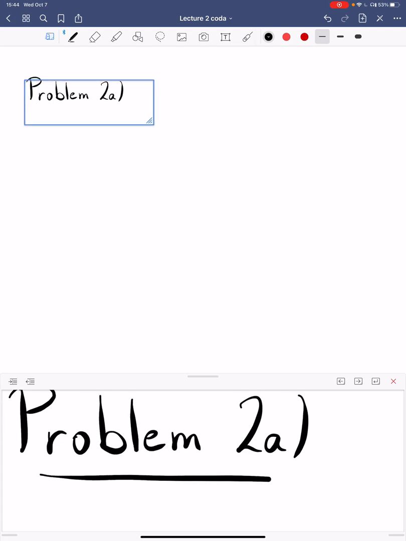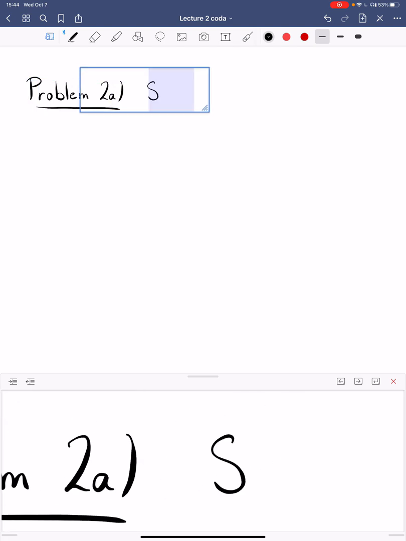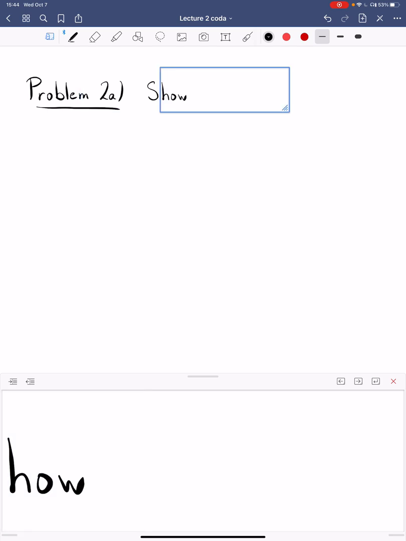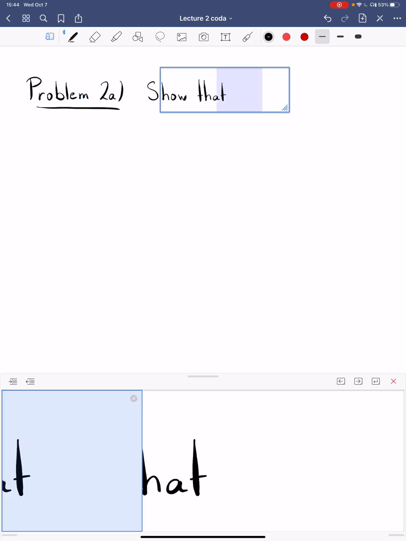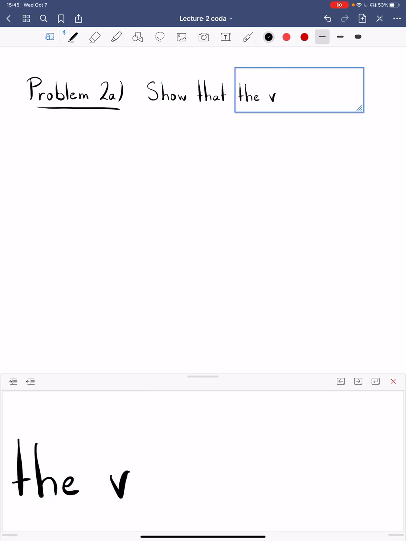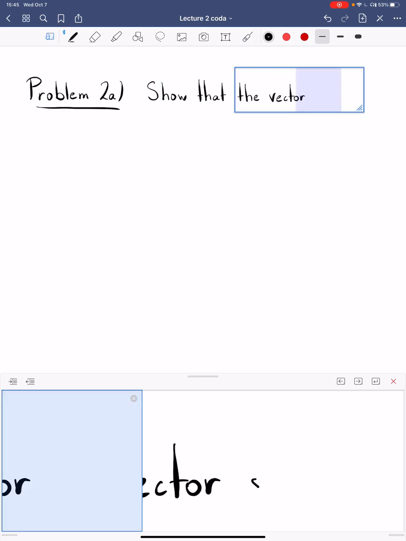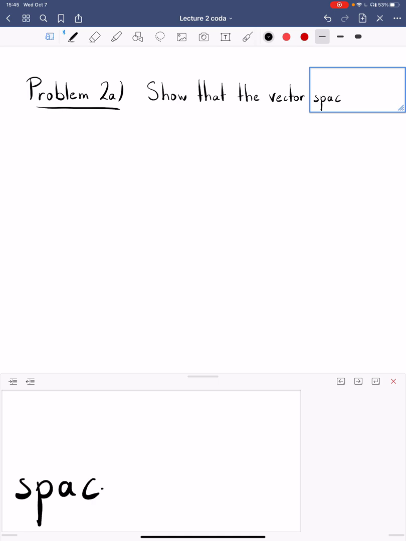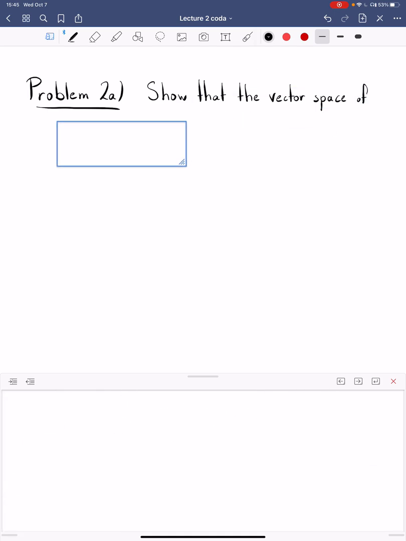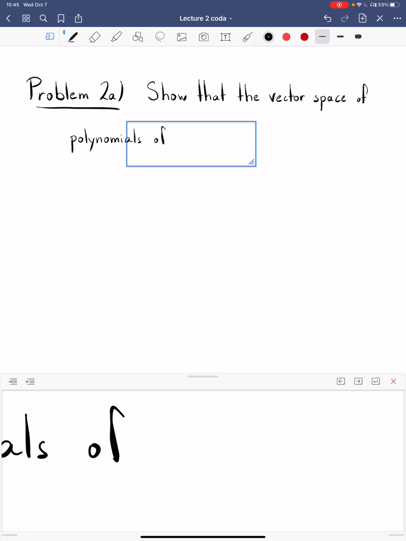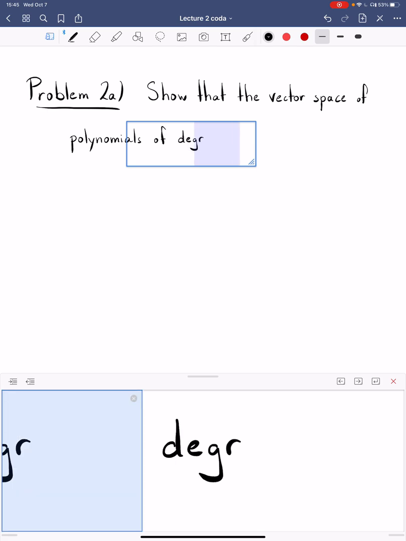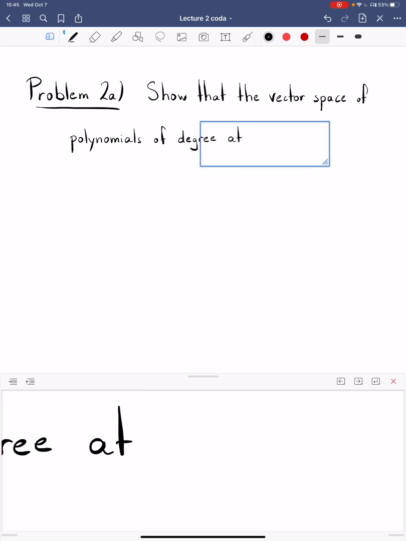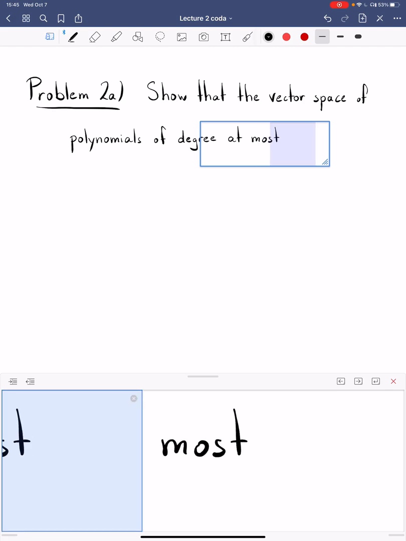It says something like: show that the vector space of polynomials of degree at most 4 is 5-dimensional.